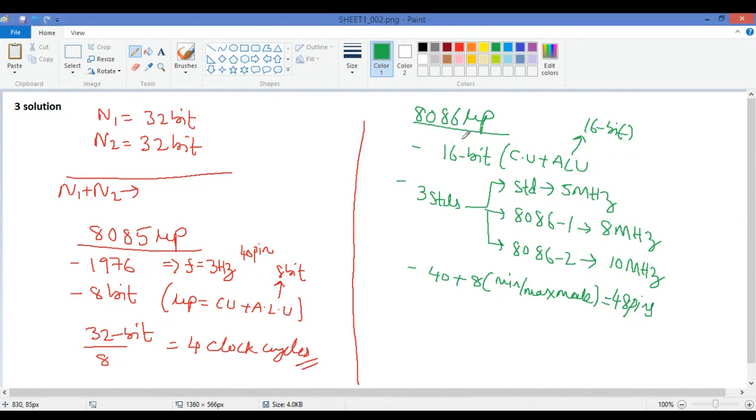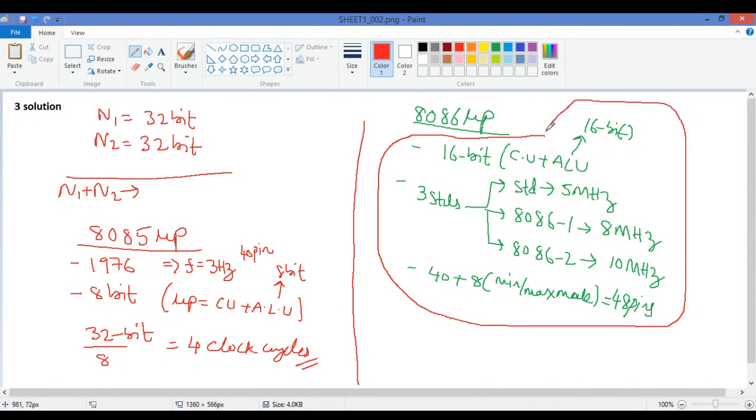All of this what I have written, you should remember. It is not given. This is what you need to know, because you are learning 8086, you should know what the configuration of 8086 is.